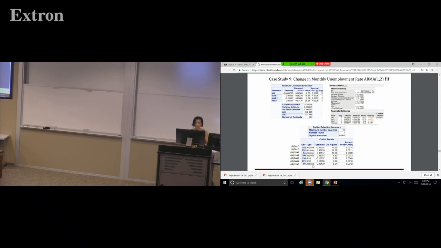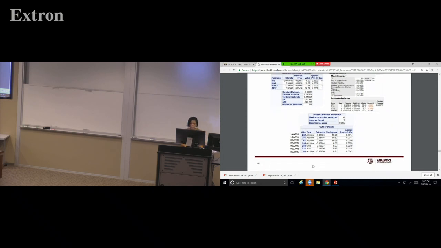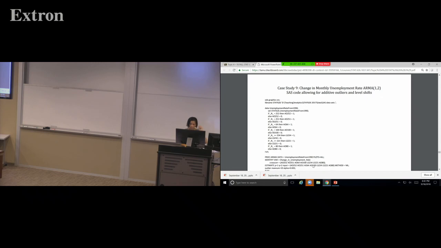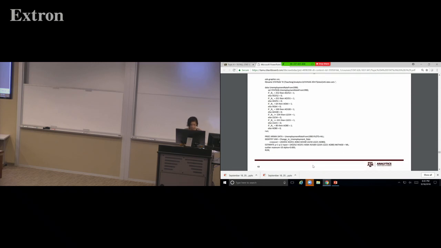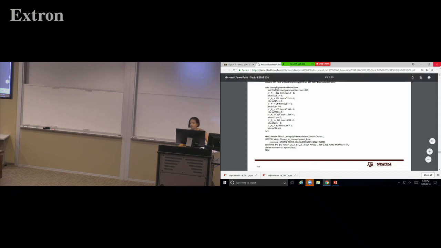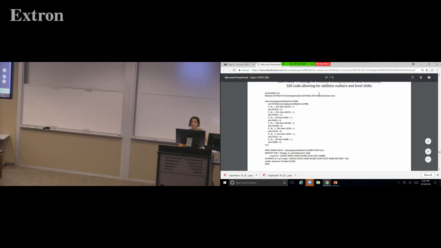Once you see you have these 5 additive outliers and 2 level shifts, then we rework our model, including regressors for these dummy variables, doing the iterative process of also still checking to see if there are any other outliers once this new model is fit. So this is SAS code for rerunning the model, adding in the 5 additive outliers and the 2 level shifts.